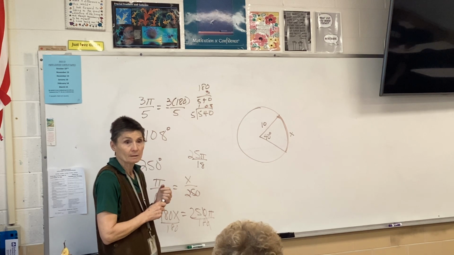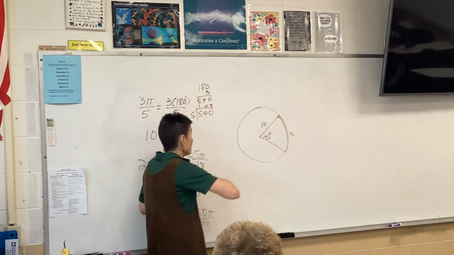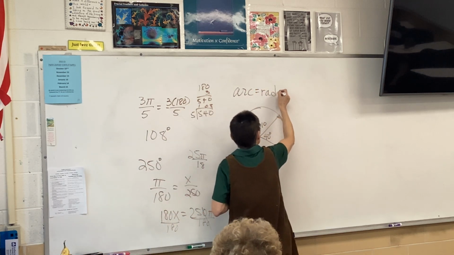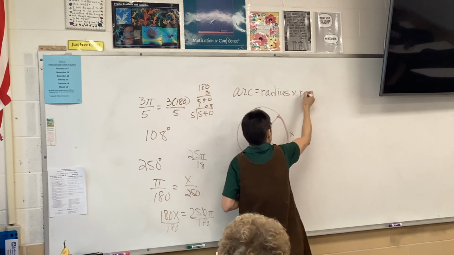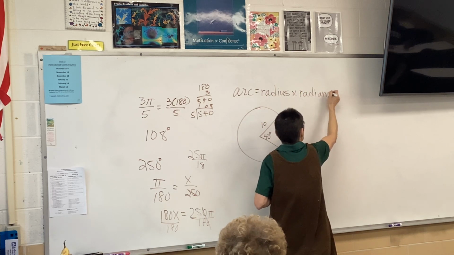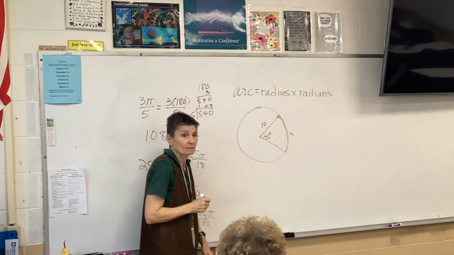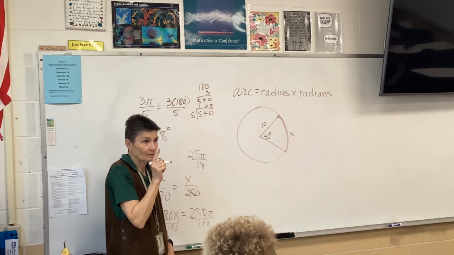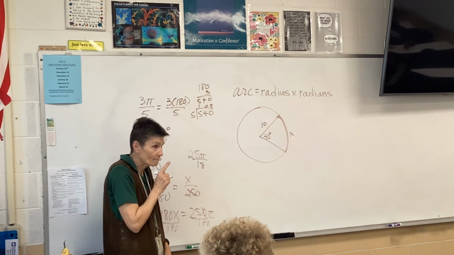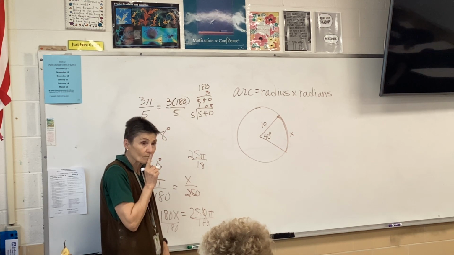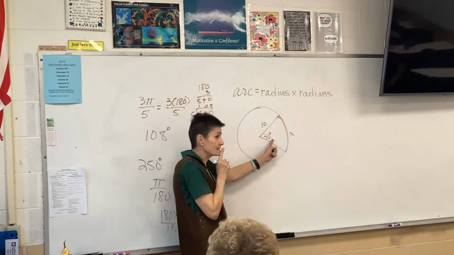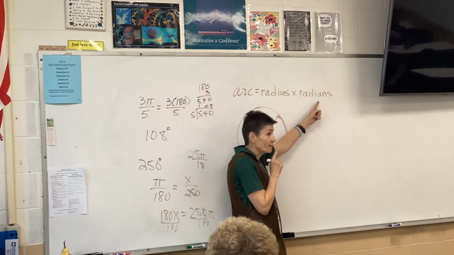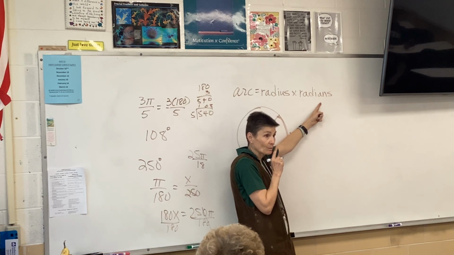Radians, radius. Okay, so Q remembers that arc length equals radius times radians, right? Now what's the problem though? The angle is in degrees, and in order to use the formula, it has to be in radians.